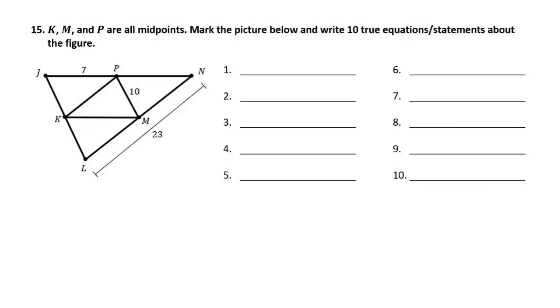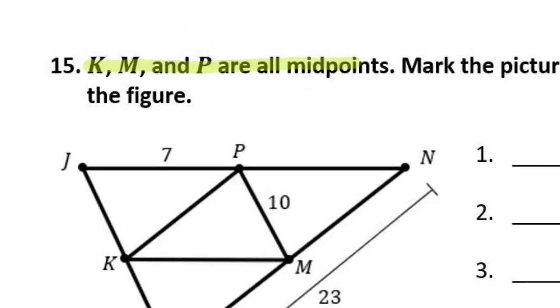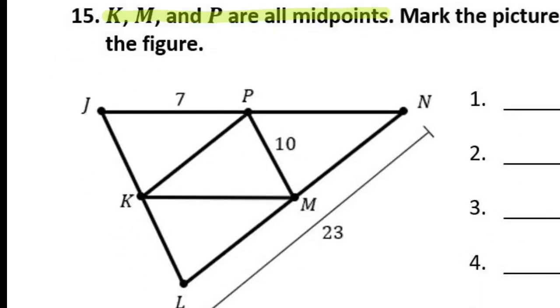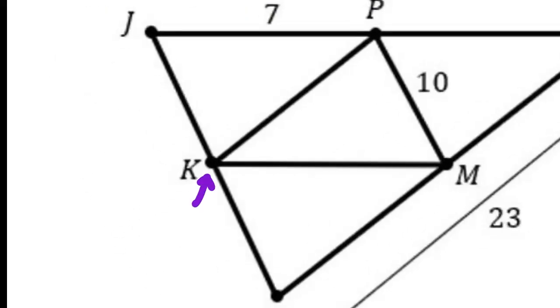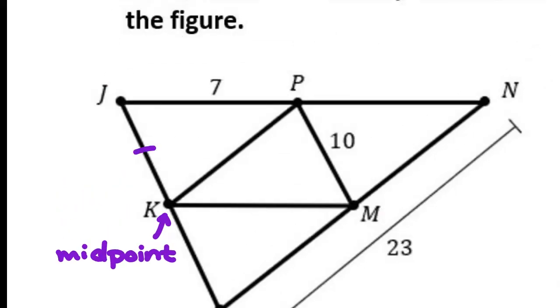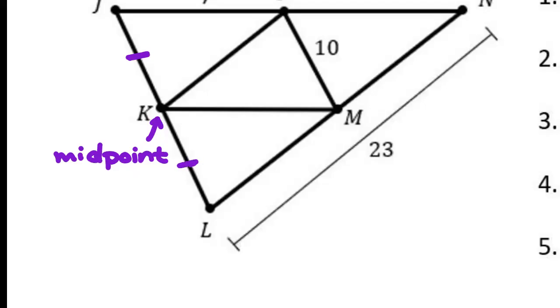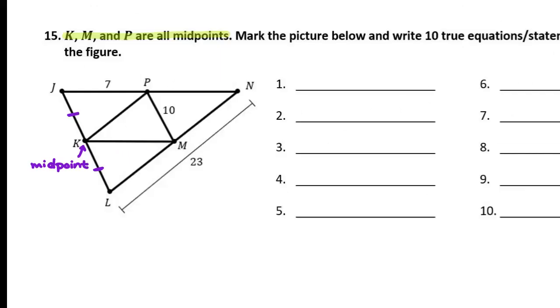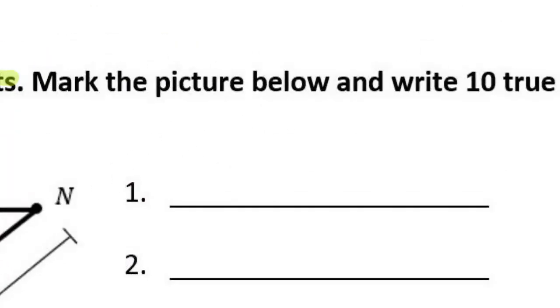It says that K, M, and P are all midpoints. So K is a midpoint. That means that KJ and KL are the same size. So that's something that I could write down.